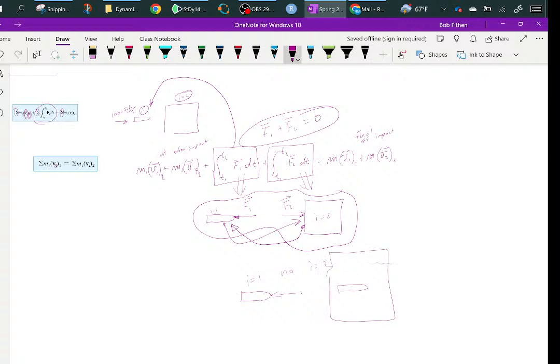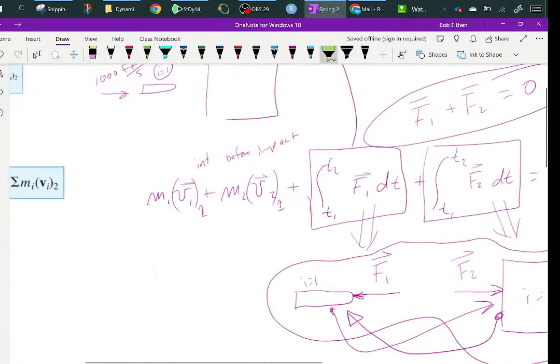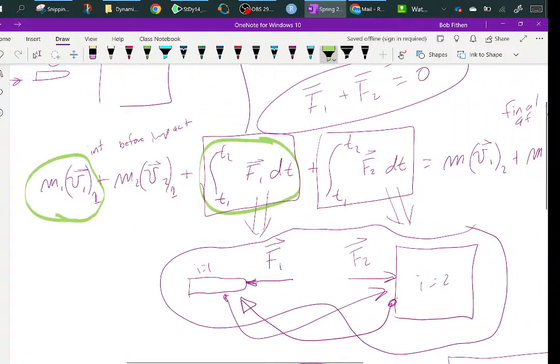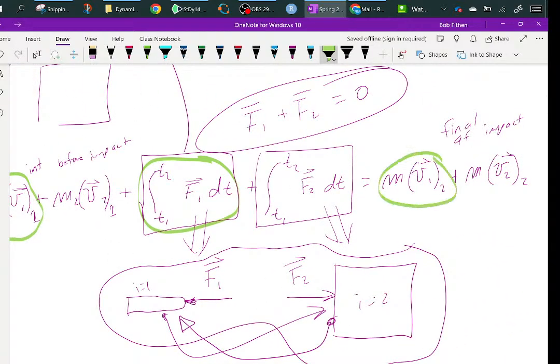But we're not considering this. So in this particular case, where this is the system, the only term we would have there would be this one.